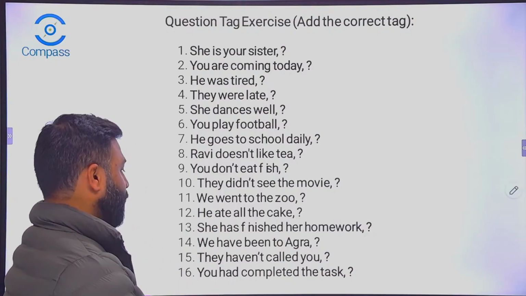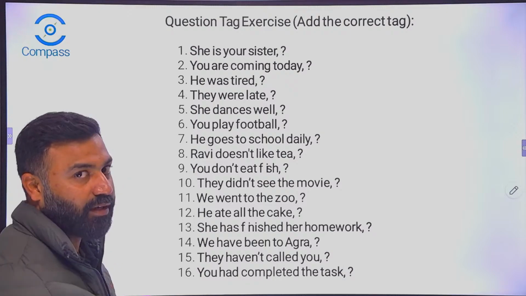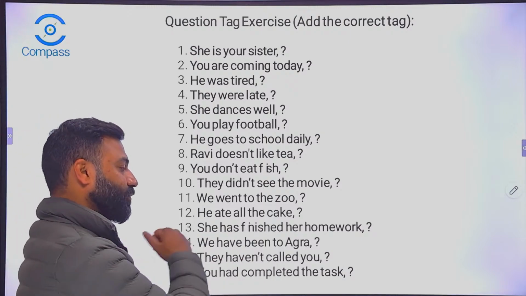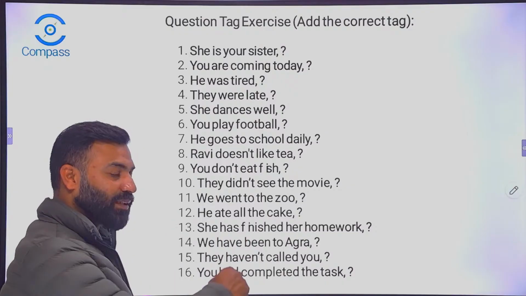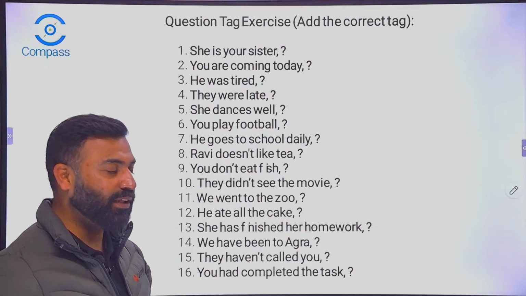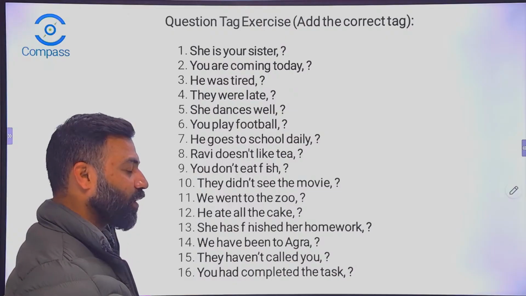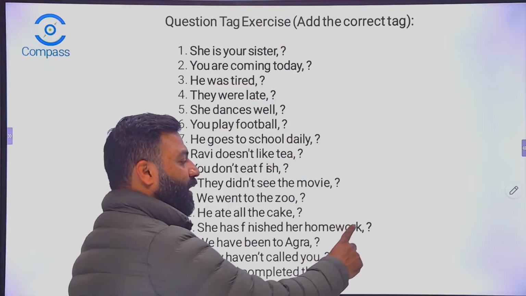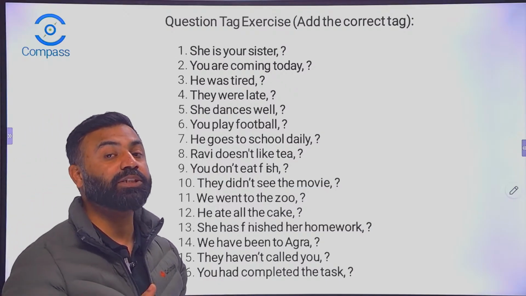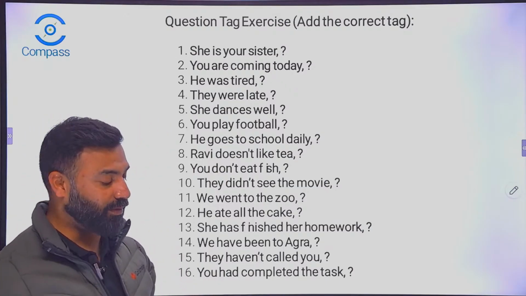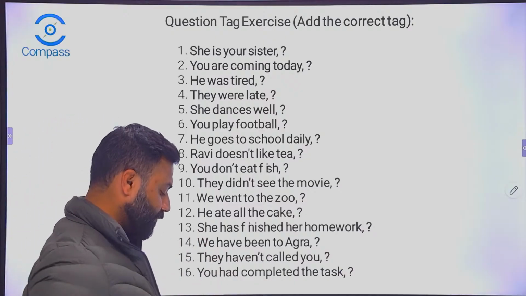Didn't he? Okay. Now this is what I was explaining to you. Is it a present perfect or a simple present? You decide. She has finished her homework. So am I supposed to write down hasn't she, or am I supposed to write down doesn't she? You decide. Come on. 13th one.